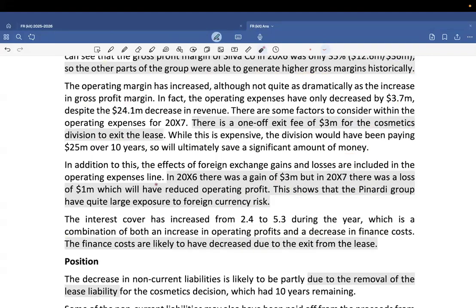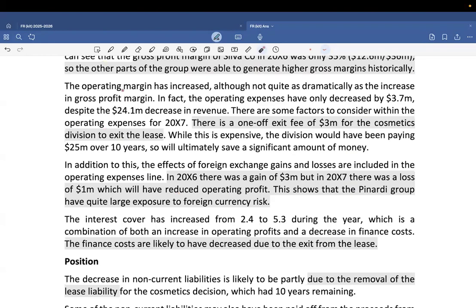So in 2006 it was a gain, but in 2007 it is a loss of 1 million, which would further have reduced the operating profit margin. Before it was a 3 million gain, now it is a 1 million loss. So this would mean that Pinardi company is constantly facing foreign exchange risk.